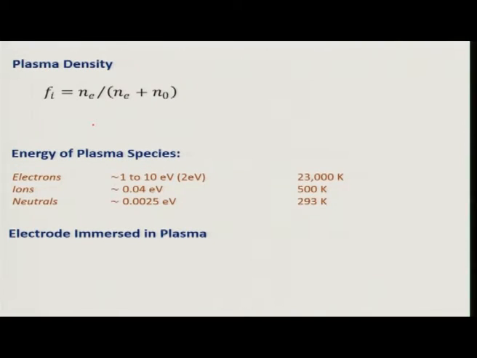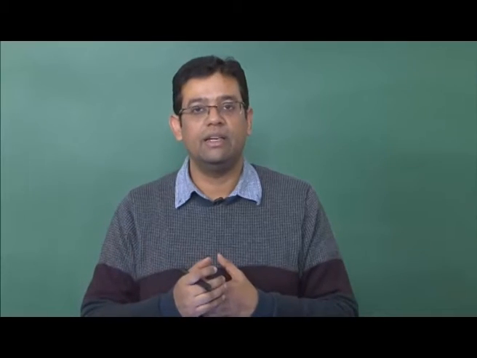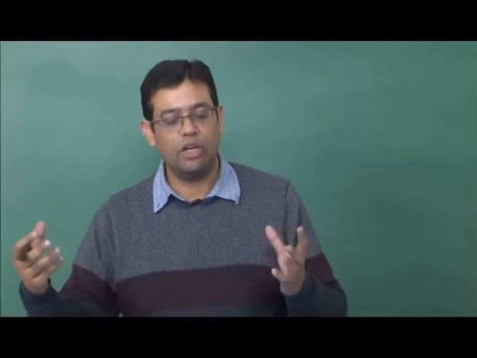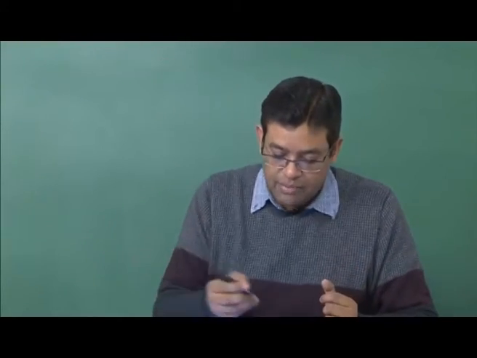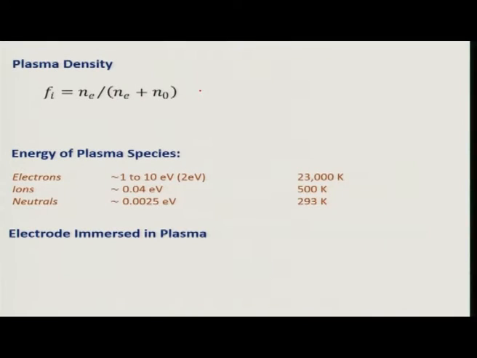Now, how do we define plasma, like how much plasma we have? A gas we can define by pressure and volume, but to define plasma we take help of a quantity called the ionization factor, Fi, which is the number of ions divided by the number of ions plus number of neutrals.